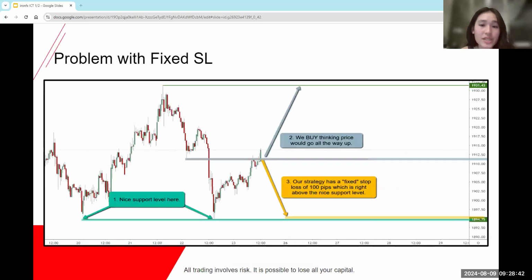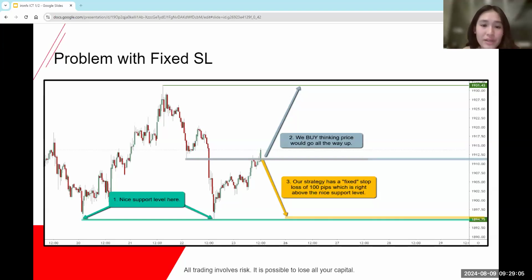Okay, so here's an example to show you why you shouldn't have a fixed stop loss. So we have a support level with 2 swing lows in line with one another. Price has bounced off this support level and we are expecting it to continue to rise to the swing high resistance. Our stop loss of 100 pips is fixed at the 1894.75 level.